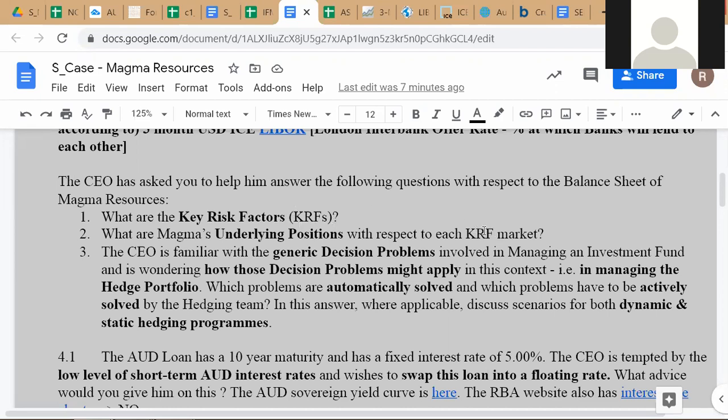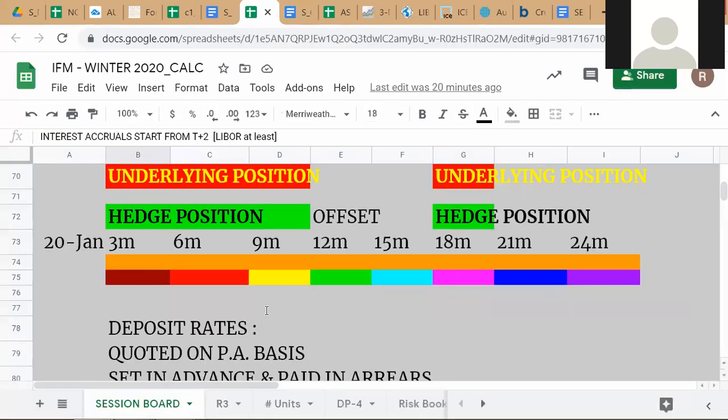That particular corresponding market is the KRF market. So we just say what are the KRF markets? And because I'm asking you about underlying positions, positions always exist in some markets. So therefore, I'm asking it as a market. So mainly, what are the underlying positions?